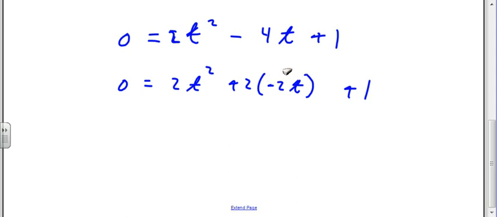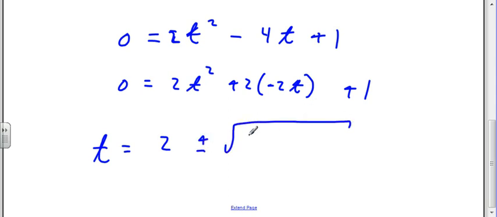And I'd probably just do that in my head. I probably wouldn't write that down. So t is going to equal 2 plus or minus square root of 4 minus 2, divided by 2.